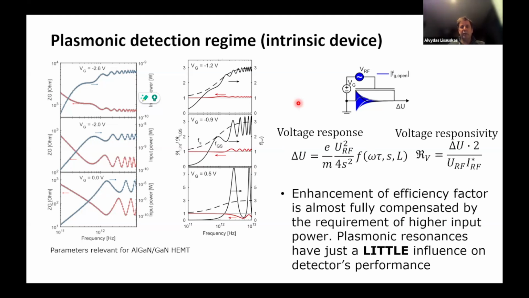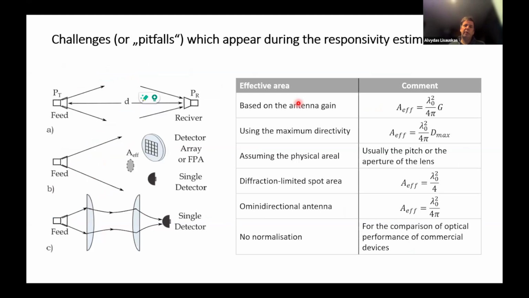Even if it is not a factor 1,000 better than Schottky, as was predicted in '96, it's still something which provides new tools, new possibilities to create devices for the terahertz frequency range which did not exist before. And this is what I would like to address after I address challenges.